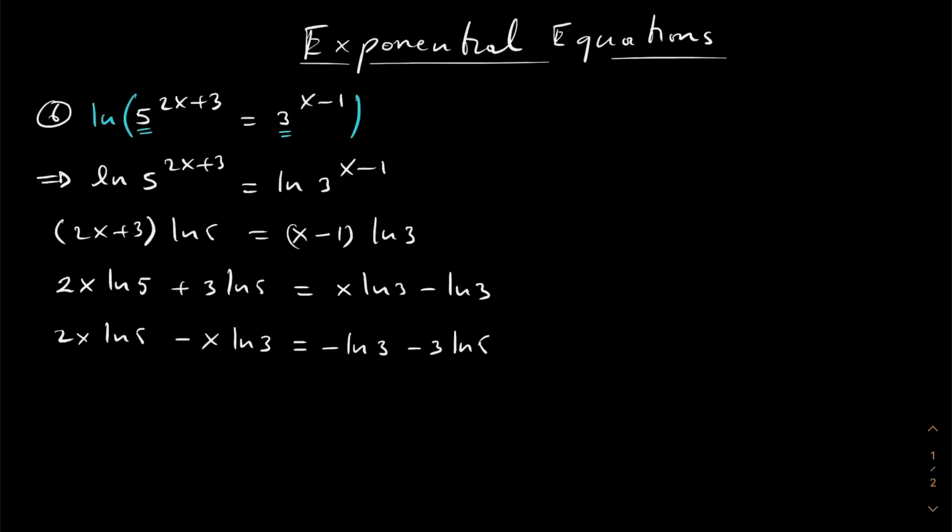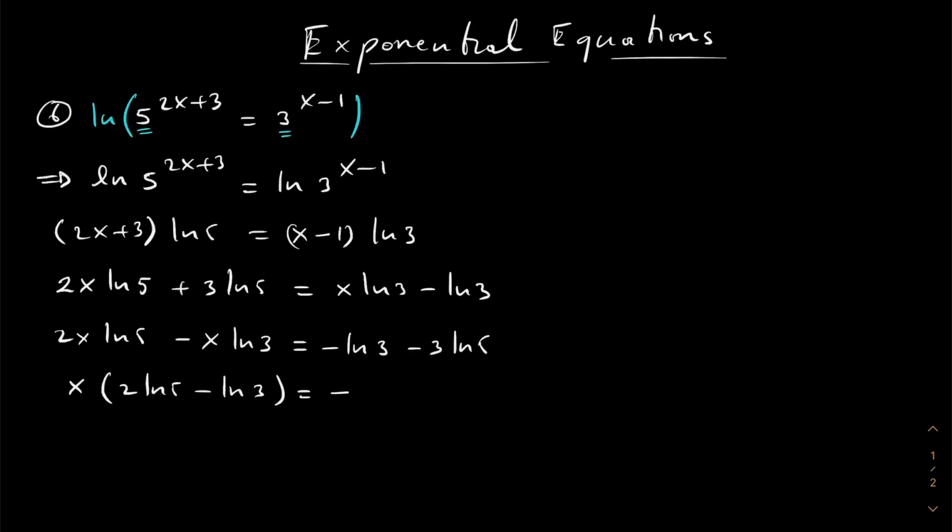With that, since I have x here in two different places, I'm going to have to bring it out and factor it. So I'm going to have here x, open parenthesis. If I take out x from the first term here, all I have left is 2 ln of 5. And from the second term here, I'm going to have just ln of 3. And so that should be equal to, and on the other side here, I'm going to go ahead and just factor out the negative just for fun.